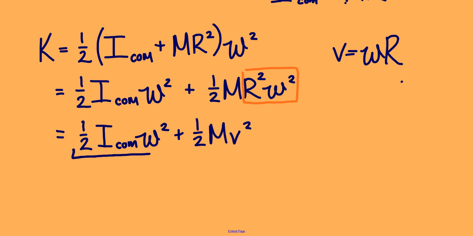We know this to be the rotational kinetic energy and this to be our translational kinetic energy. So this is just proof that when an object is rolling, it has both rotational and translational kinetic energy.